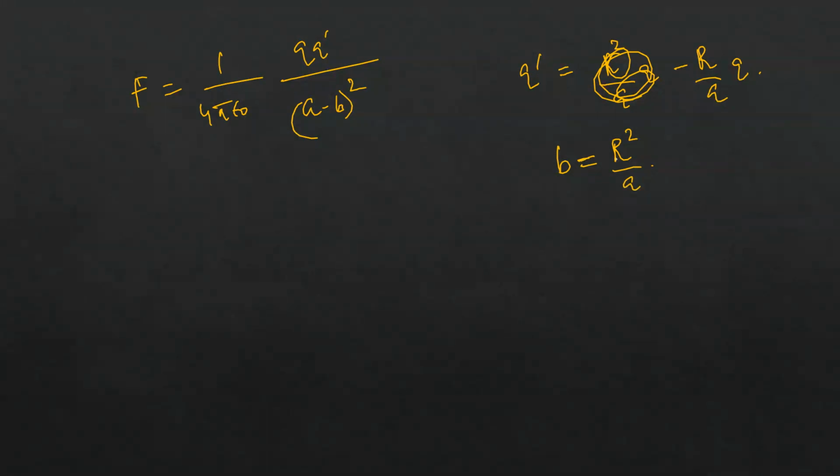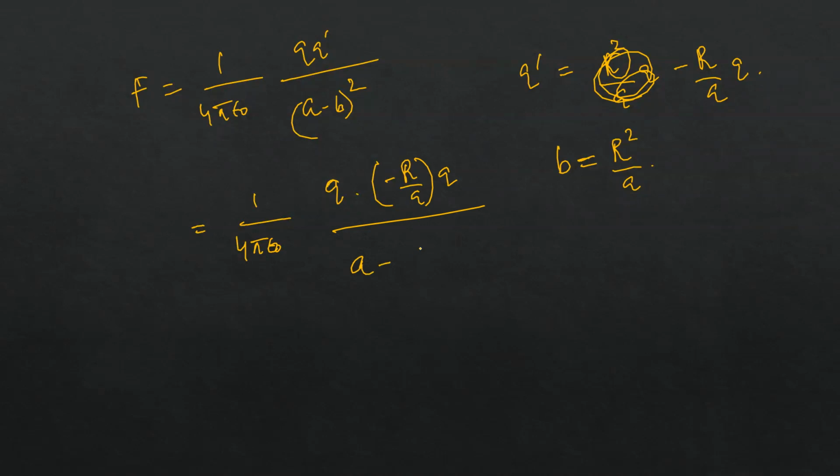So F equals 1 by 4 pi epsilon naught, q into minus r by a into q, divided by (a minus r square by a) whole square.